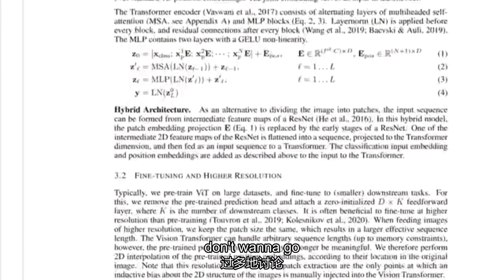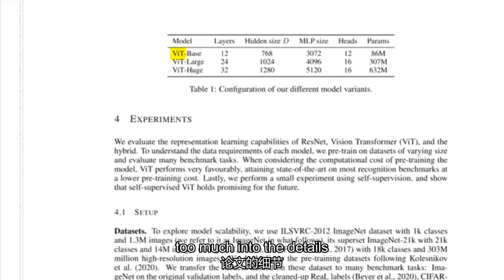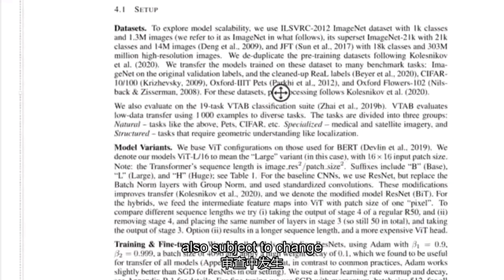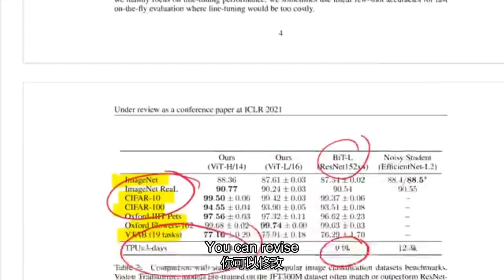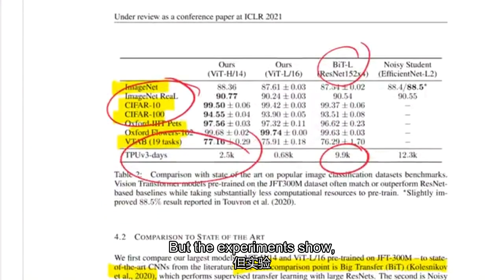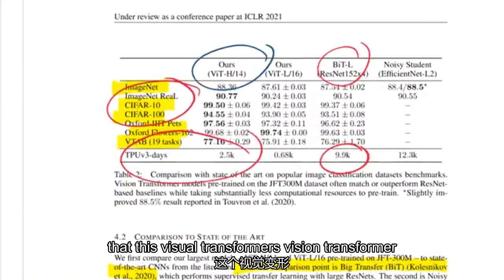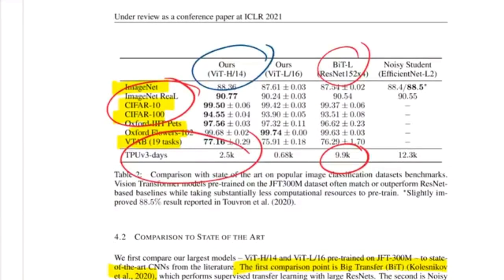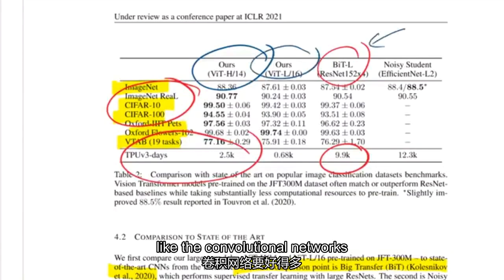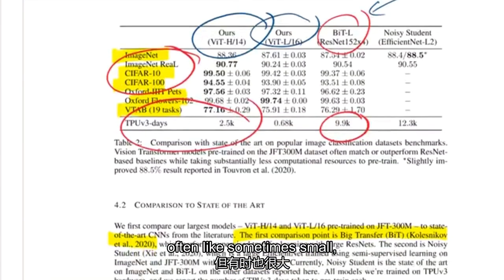And I don't want to go too much into the details of the paper because it's also subject to change. You know, on OpenReview, you can revise it and so on. But the experiments show, as you can see right here, that this vision transformer outperforms the convolutional networks by a pretty significant amount, sometimes small, but sometimes also large, and costs less to train than these big convolutional networks.